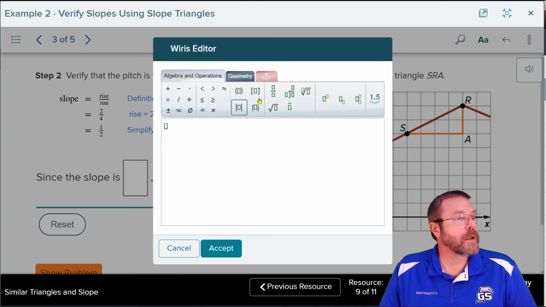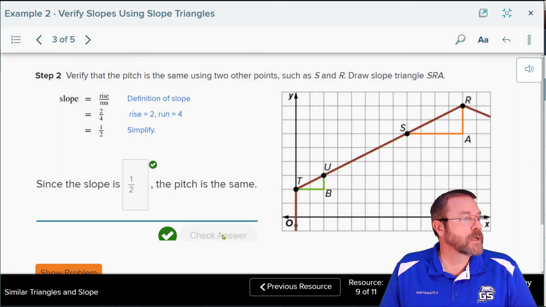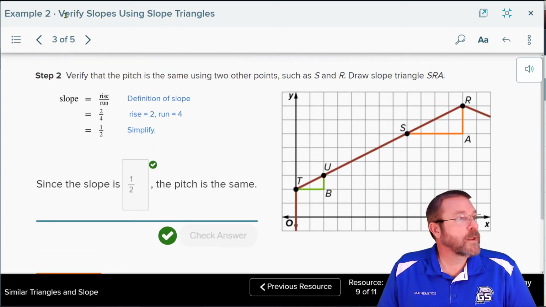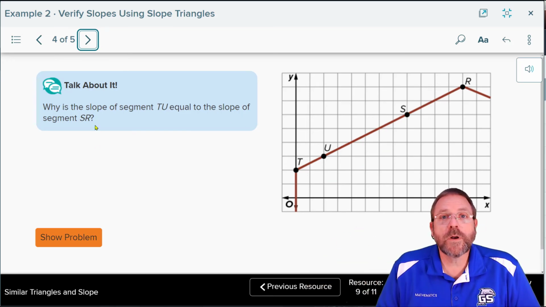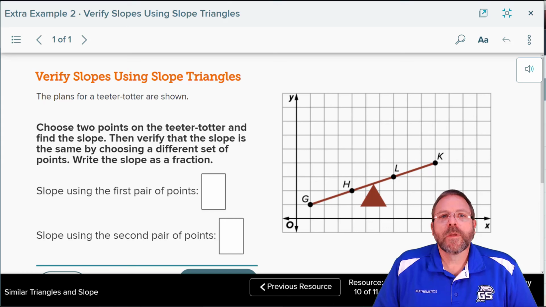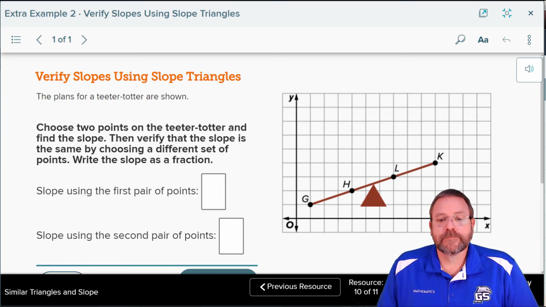So we're going to put in another 1/2 right here, 1 over 2 again. Check that answer. That one's the same. From there, we can say that the slope of TU is equal to the slope of segment SR. It doesn't matter which 2 points along the line of that roof you pick, you're always going to get the same slope. Last problem, pause the video, find the solution to this problem.